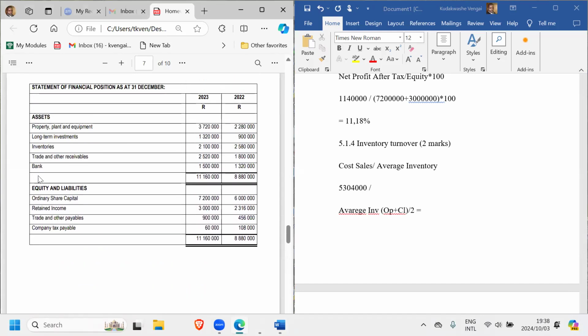There we go. This is what I'm looking at. The opening inventory means the inventory from 2022. That's last year. That's the opening inventory. So that's going to be 2,580,123 plus the closing inventory. That's the inventory from 2023, which is 2.1, divided by 2.